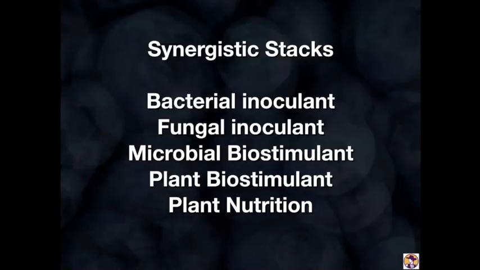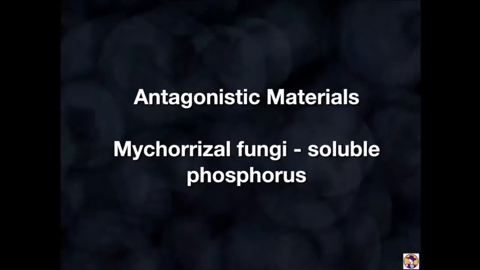When you combine all of these things together into the same application, the same sprayer solution or the same fertigation, you get this tremendous crop response. And this is truly where 1 + 1 can equal 11, where you get this tremendous root development and plant development that you don't see when you apply any of these materials on their own.